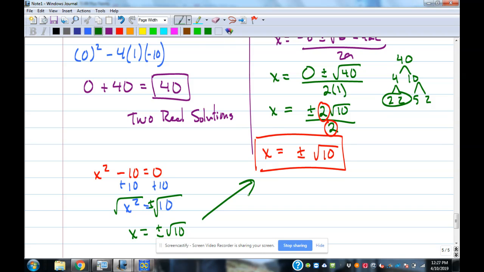Now that's shorter, right? That's why we learned that method, because when the problem is short enough to do it, it's quicker. And we're always looking for a quicker way. But understand that quadratic formula still gets the same answers. And if we did factoring on some of the other ones that we've done, we would have gotten the same answers. I don't know if factoring is that much quicker than quadratic formula. Depends on if you know your numbers or not.